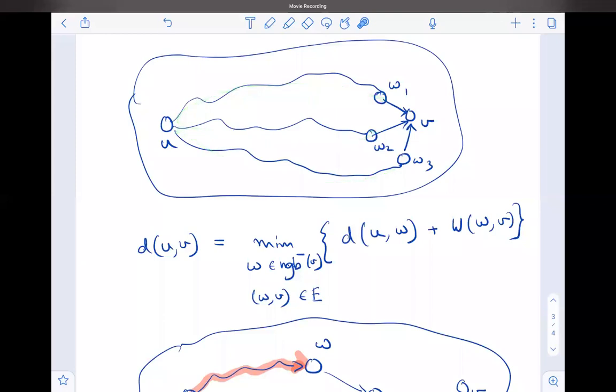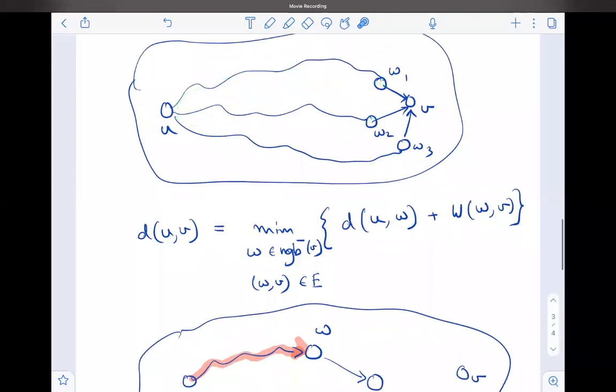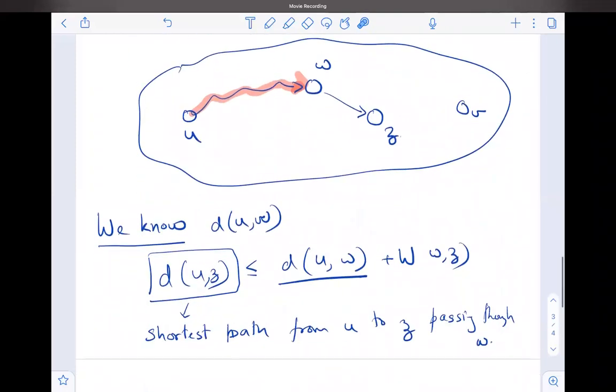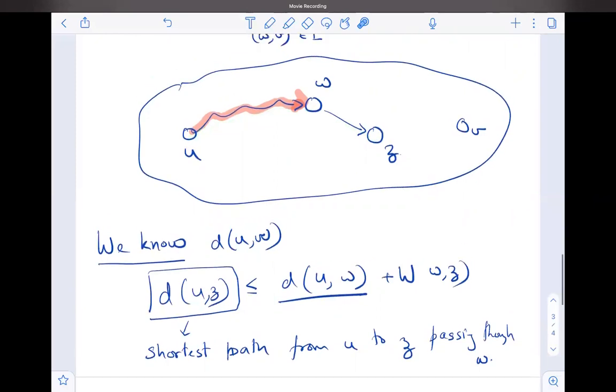And this is the opposite in some sense. You're saying, if I can find the shortest path from u to w, then this can be used to find the shortest path between u and z passing through w. These are kind of just the dual of each other.